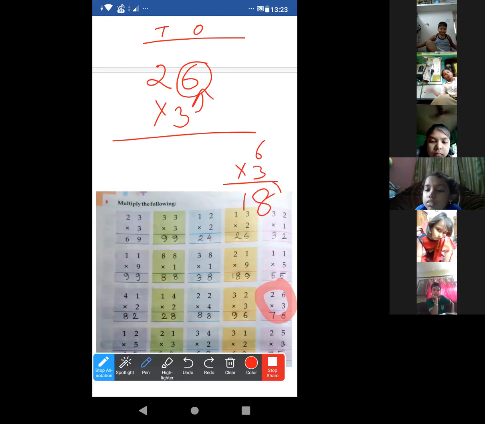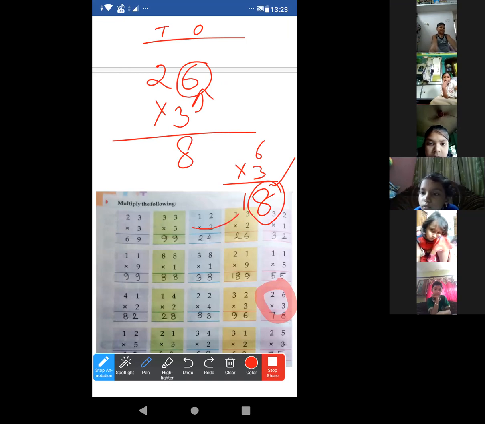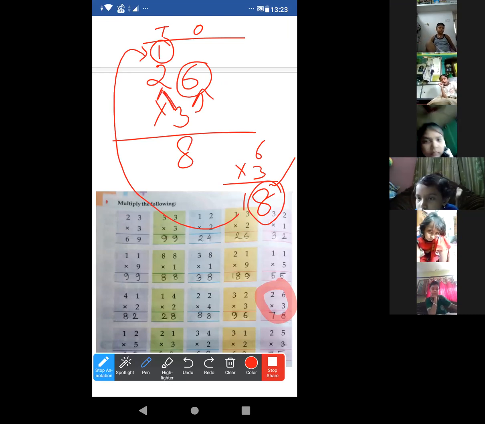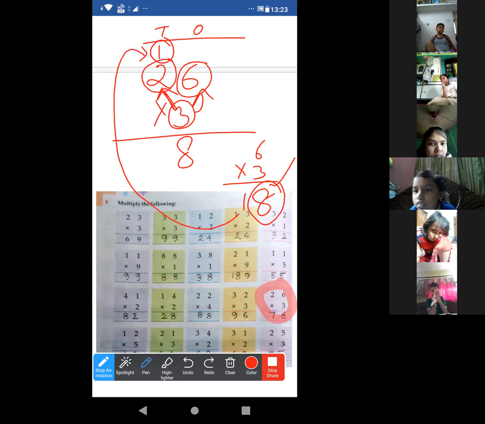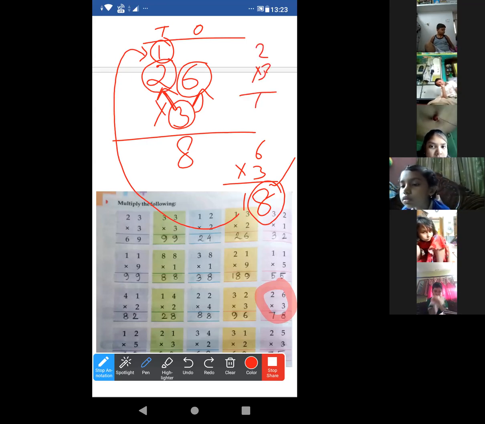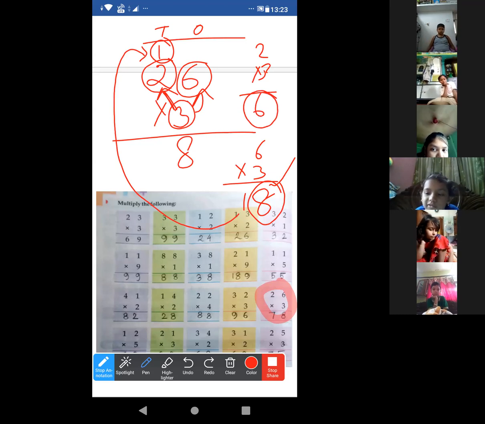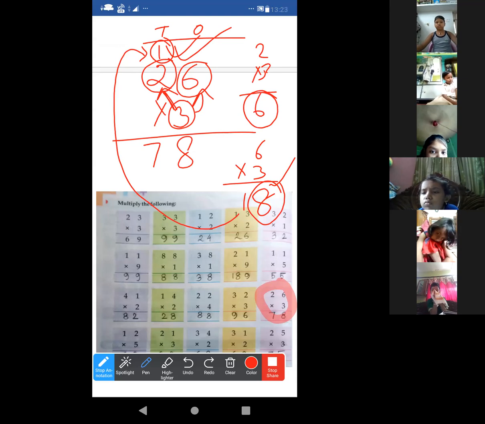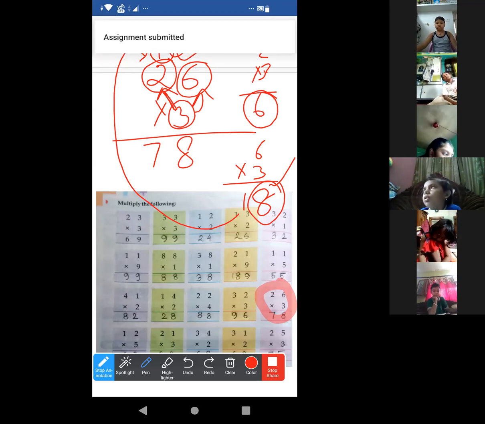So for this 1's place, we put the 1's place digit there, 8. And where will this one go? This one will be the carry forward digit. Understood? It will carry forward. Now this one. 3 2s are 6 plus this carry forward digit, 7. Okay, is it clear to all of you?